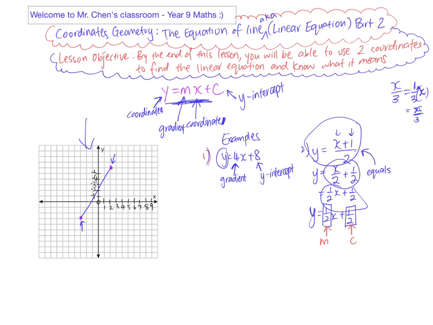Oh, what am I doing? They are all actually positive. Okay, so I'm going to erase that for now. So that is actually easier to plot. 1, 2, 3, 4, 5, 6, 7, 8.